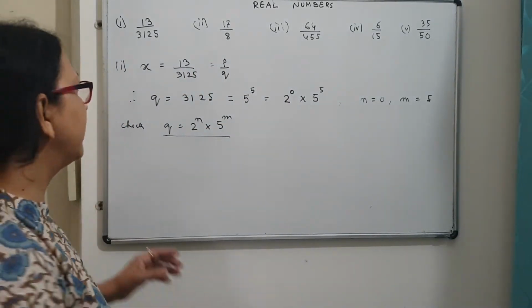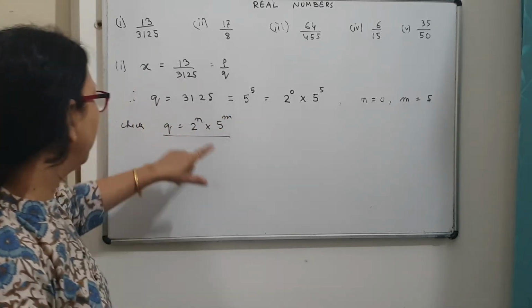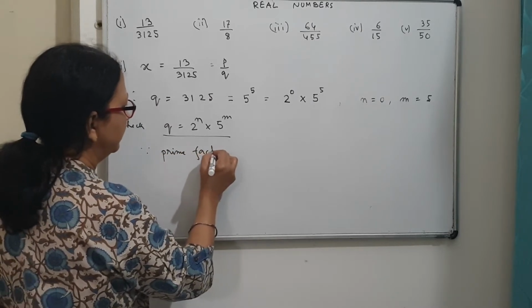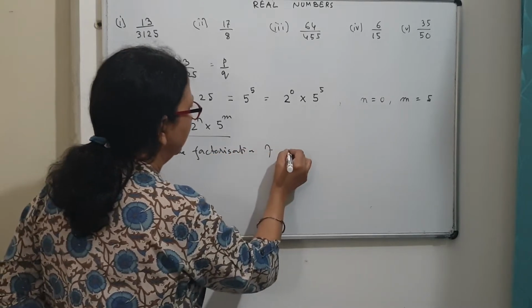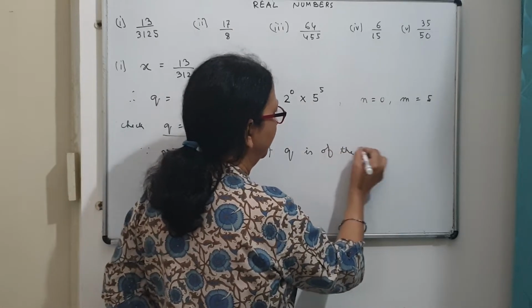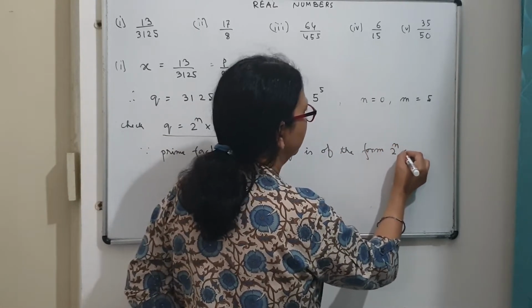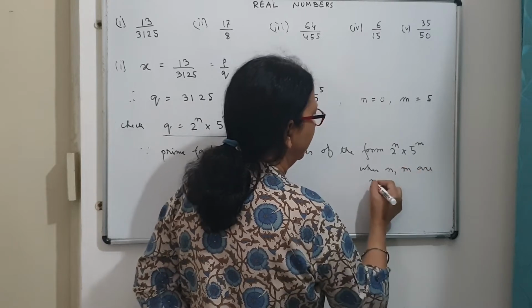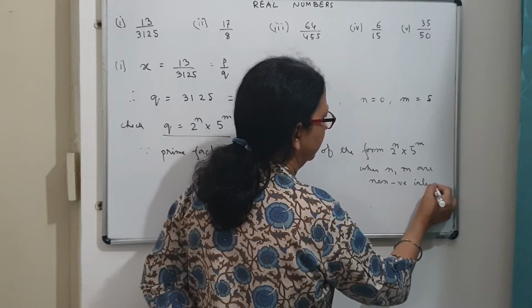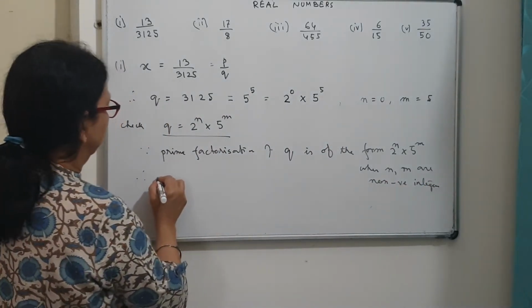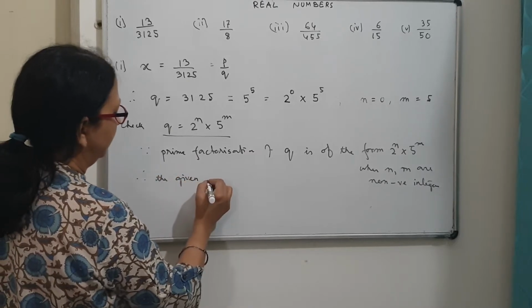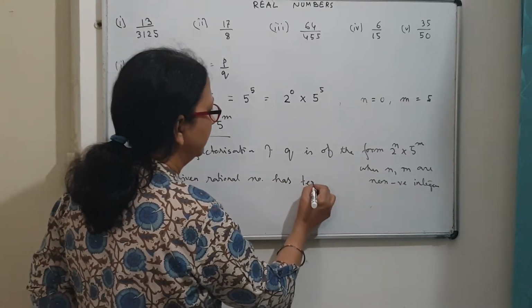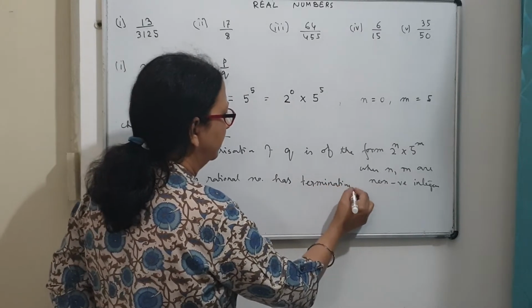So by the theorem we can say, since the prime factorization of q is of the form 2 to the power n into 5 to the power m, where n, m are non-negative integers, therefore the given rational number has terminating decimal expansion.